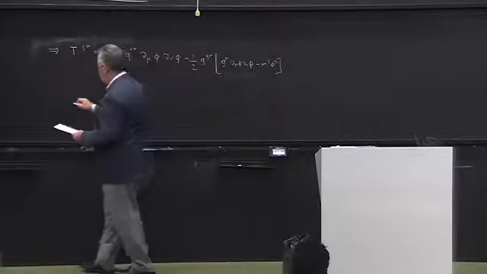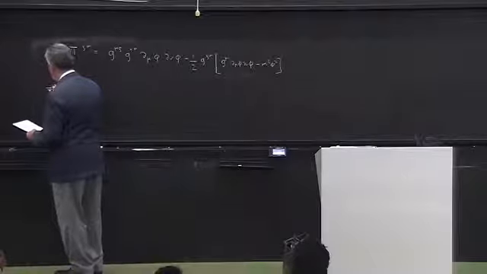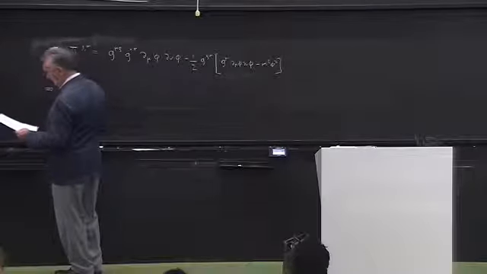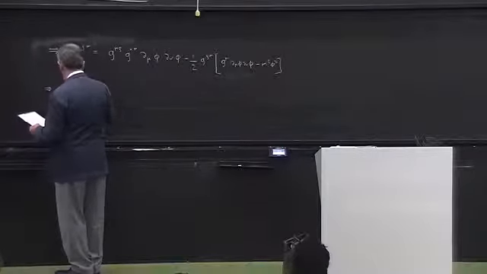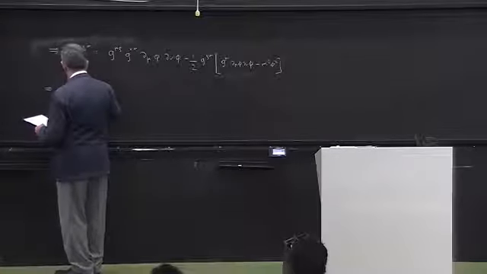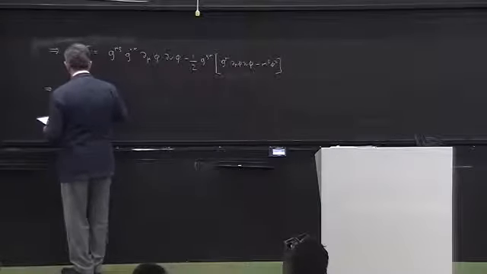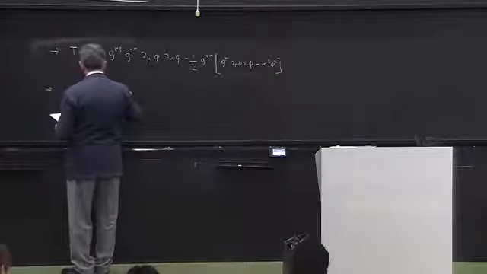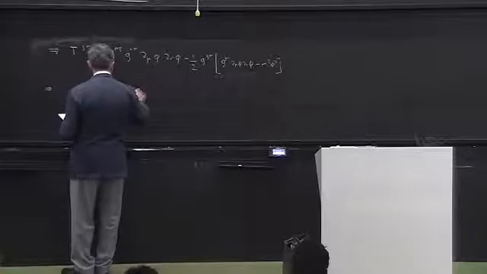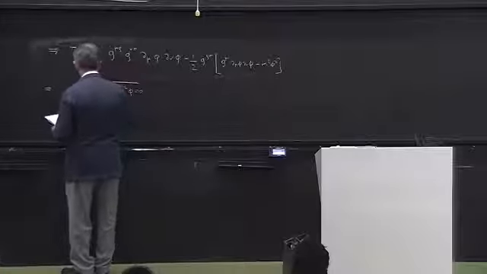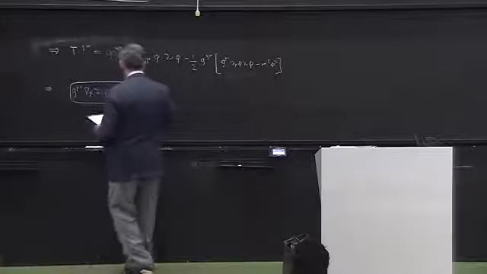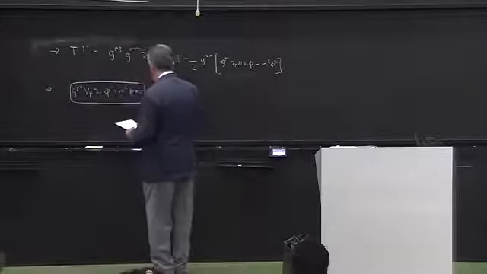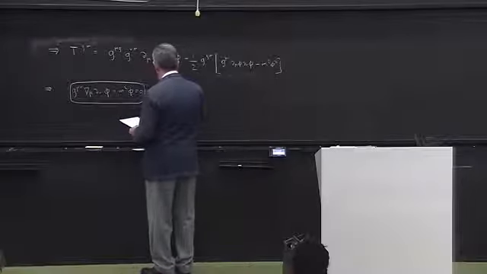And the equation of motion, after integrating by parts, is g mu nu grad mu d mu phi plus m squared phi equals 0. And this is named the Klein-Gordon equation.